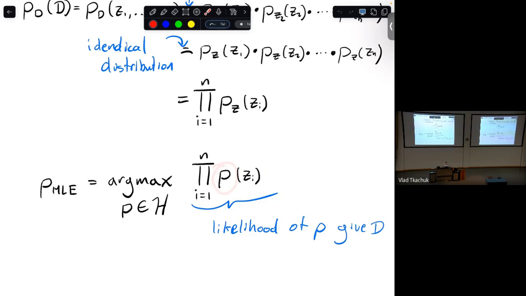And then the question is, which one should you choose? The logical choice would be the one that makes this likelihood the largest. Once again, likelihood should be thought of as a function of P for a fixed data set. In other words, you're just trying to pick the most likely P given your data. So hopefully that makes intuitive sense.